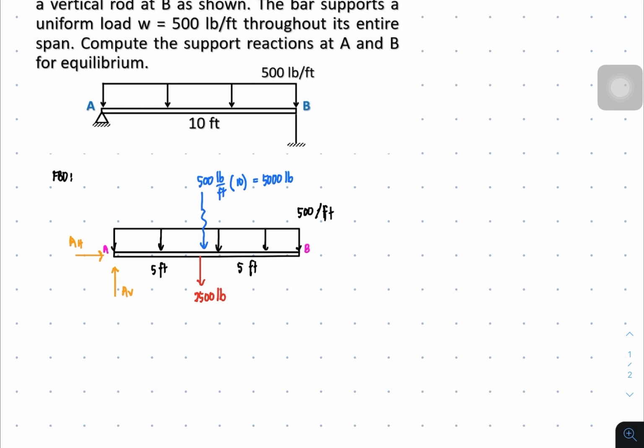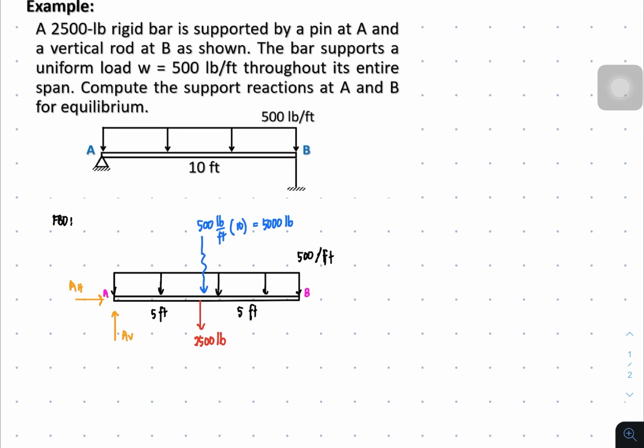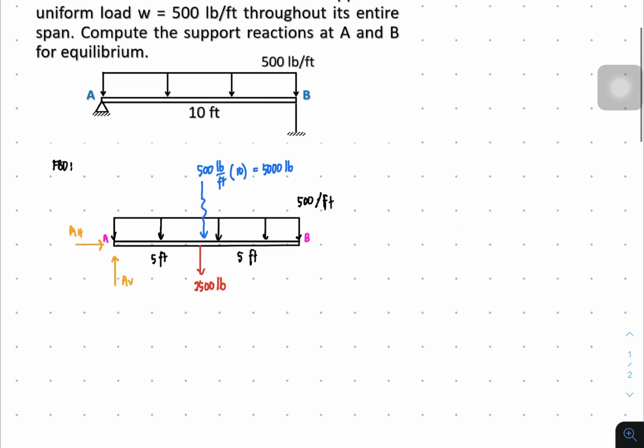Here at point B there is a support, and maybe that support is a rod, since it's supporting a vertical downward force.